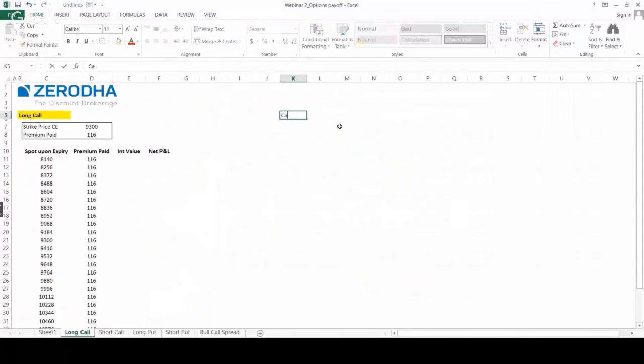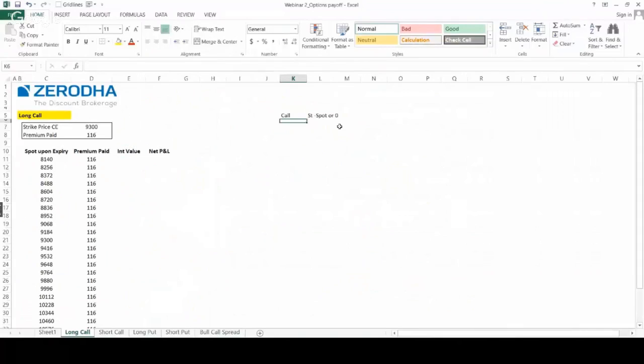For a call option, it's either the difference between the strike and the spot or zero. Now, the call option cannot, in fact, any option cannot have a value less than zero.